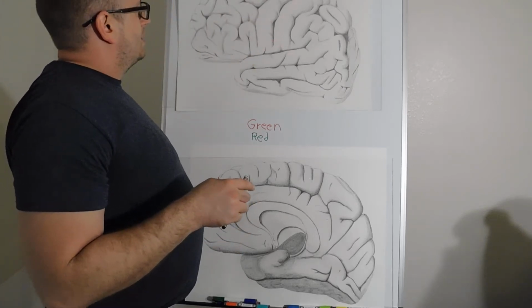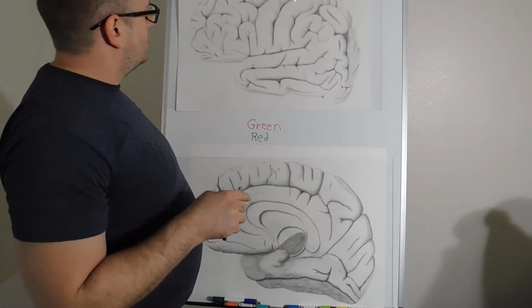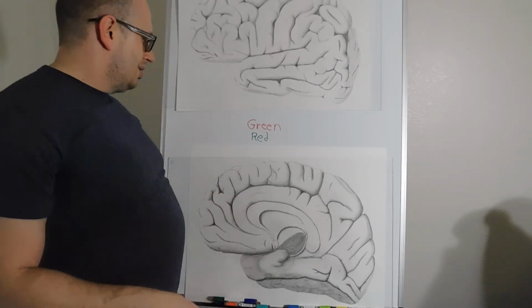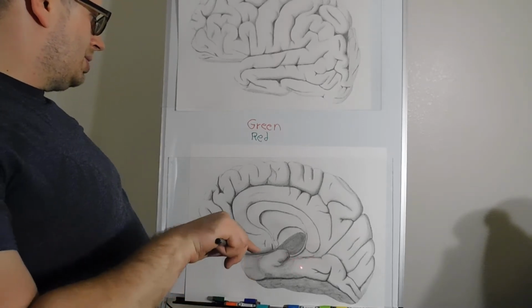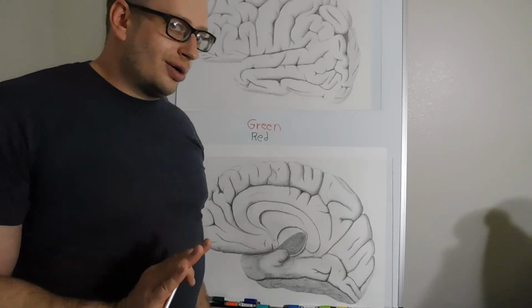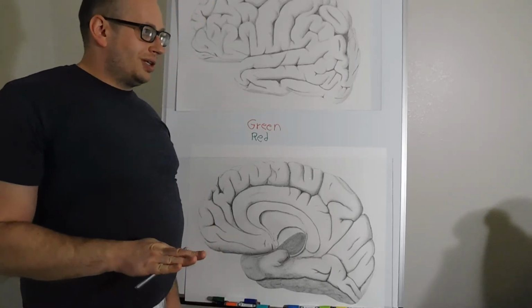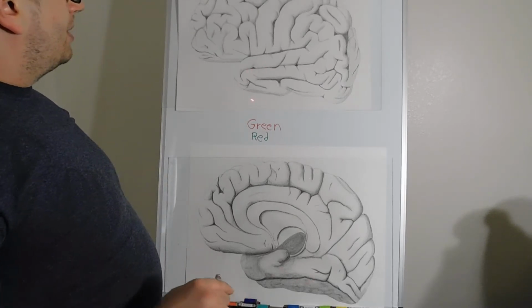A gyrus is a more prominent external folded outward part. So the hippocampus is inside of the sulcus, buried away where we can't see it. It actually doesn't have 6 layers of gray matter. It's a little bit different than the rest of your cerebral cortex. So that's the temporal lobe for you.